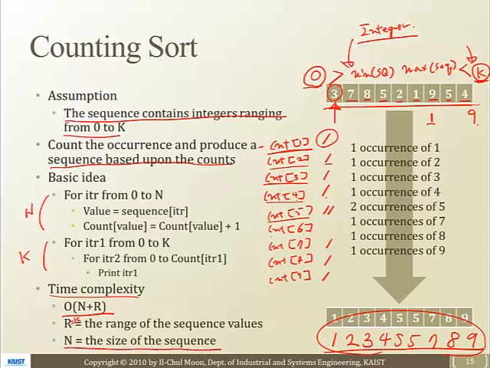N is often going to be the dominant value, and r is going to be the range value. Sometimes r is bigger, or n is bigger. But the thing is that it's not a multiplication, so it's just order of n plus order of r.